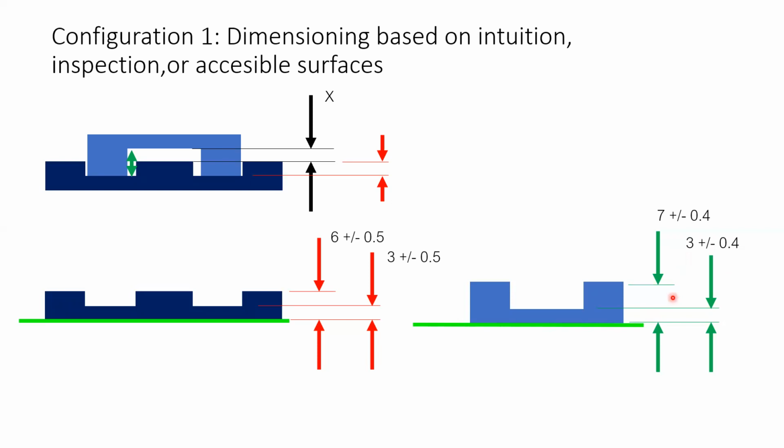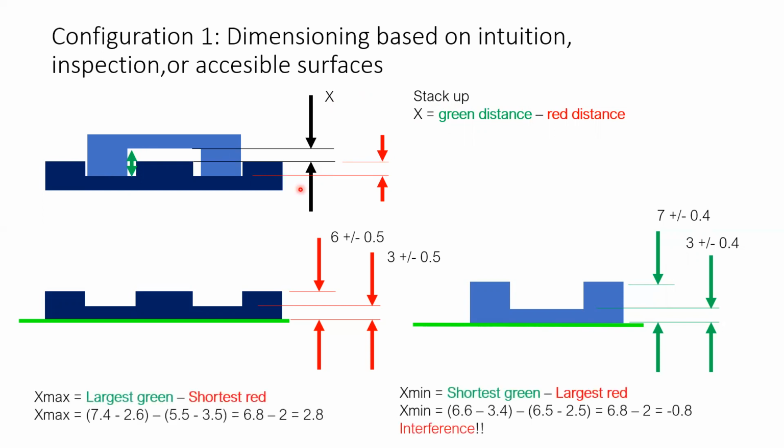If we're looking for the distance x, we perform a very simple stack up analysis. It will be the green distance minus the red distance. In order to compute the maximum and the minimum x, we need to incorporate the tolerances.